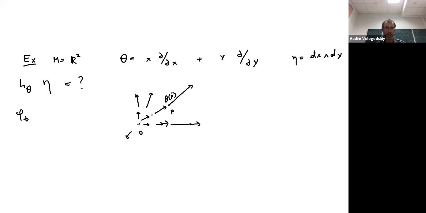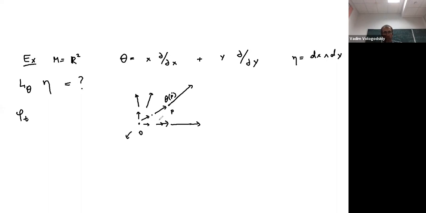Along this line passing through your point P and the origin. The only question is, what is the direction? What is the velocity of your particle going to be? So it's not only the direction that we are interested in, but also the velocity.